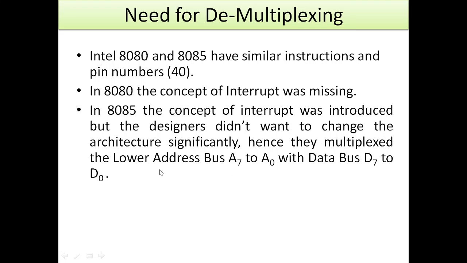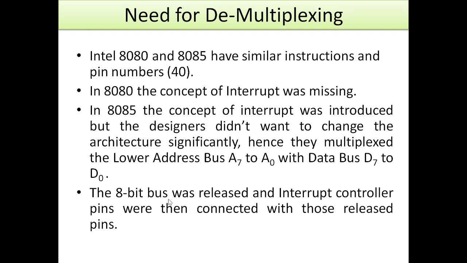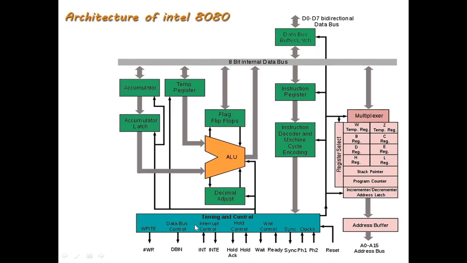Hence, they multiplexed the lower order address bus A7 to A0 with the data bus D7 to D0. The 8-bit bus was released and interrupt controller pins were then connected with those released pins.